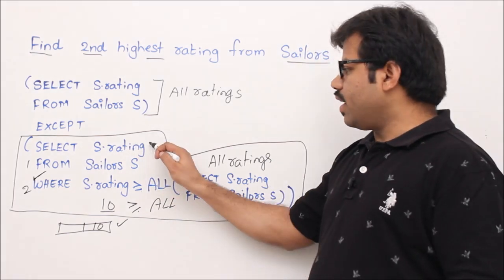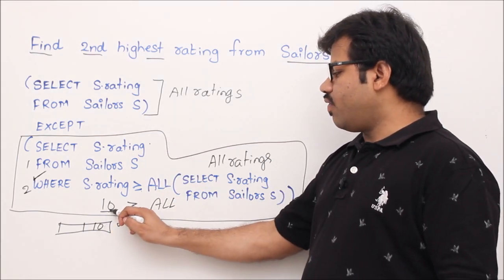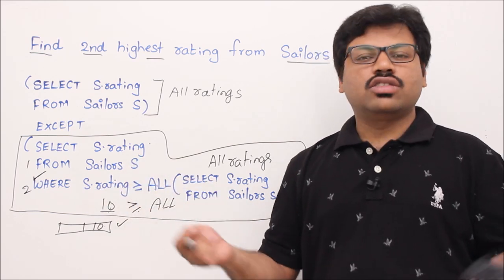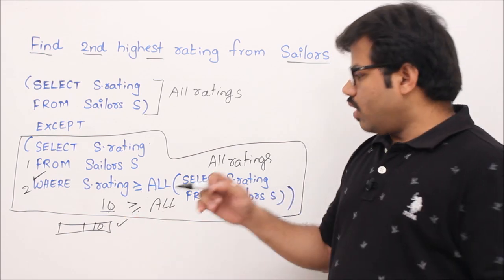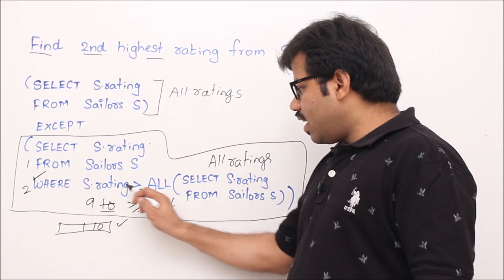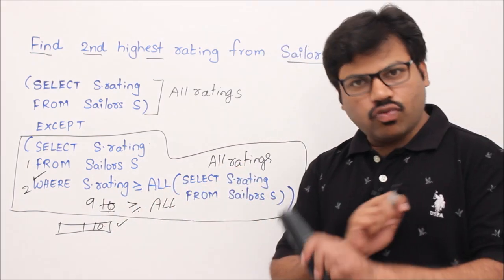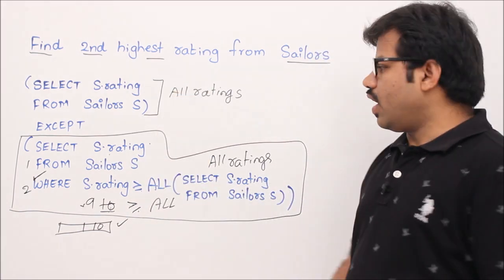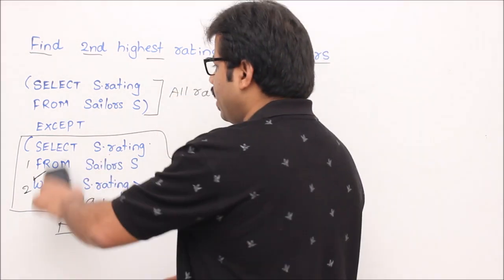So we are printing the ratings which are greater than or equal to all the ratings, that is, the highest rating. For example, if your rating is 9, which is not the highest, then 9 greater than or equal to all the ratings is absolutely false. So 9 will not be printed in the output. In that way, only the highest rating will be printed here.